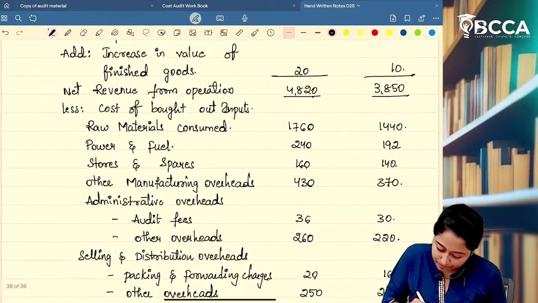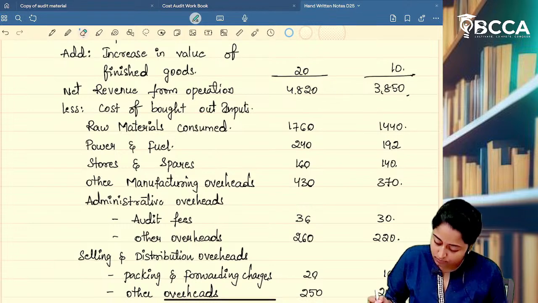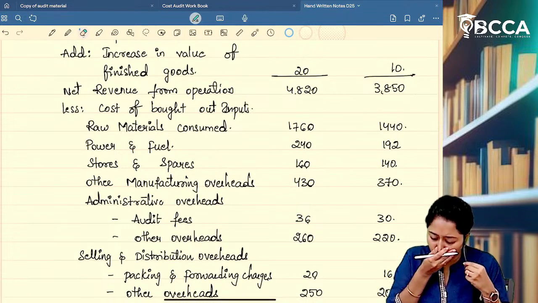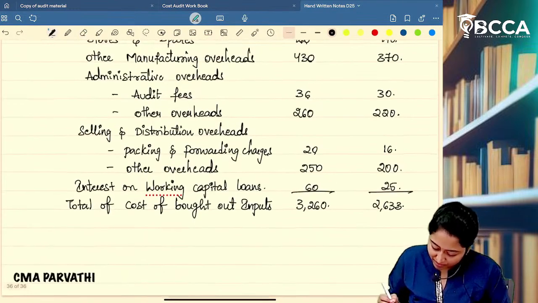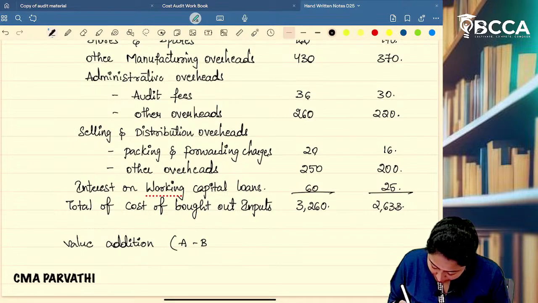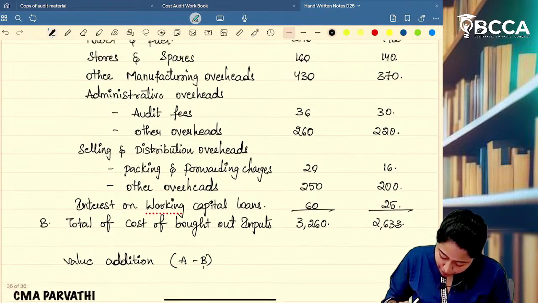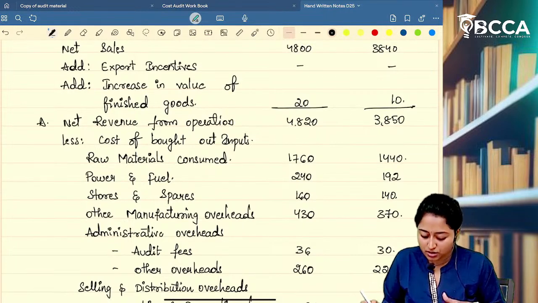Okay? Then, value addition. How will we get value addition? A minus B. Here B is the total of cost of bought out inputs, and A will be net revenue from operations.